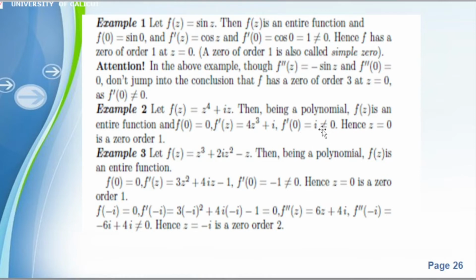So z equal to 0 is a zero of this given function with order 1. And look at the other examples also. If f(z) is equal to z cube plus 2iz square minus z, then we can find that z is equal to minus 1 is a zero of order 2.